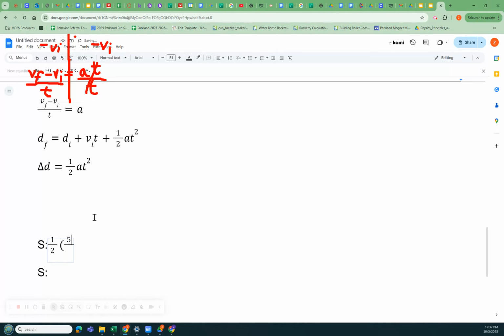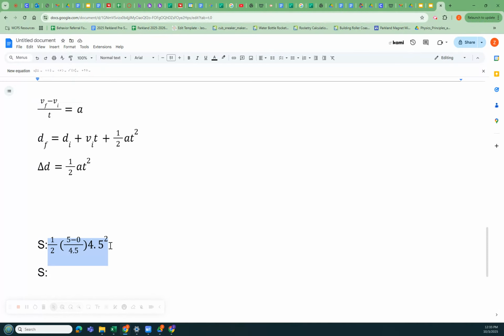And VF is 5 minus 0 divided by 4.5 seconds times 4.5 squared. And that equals 11.25 meters. We're not going to do any sig figs yet because we're still in the middle of this.